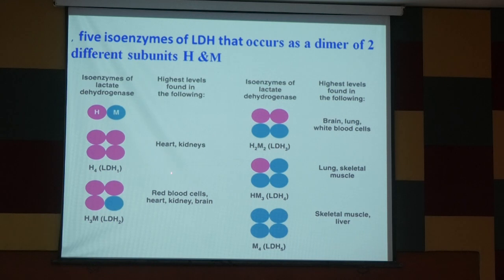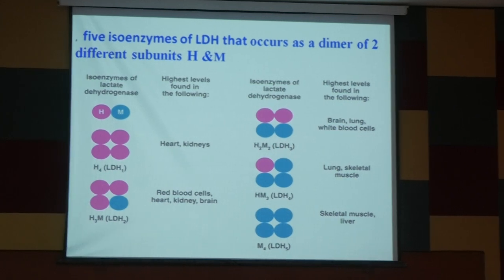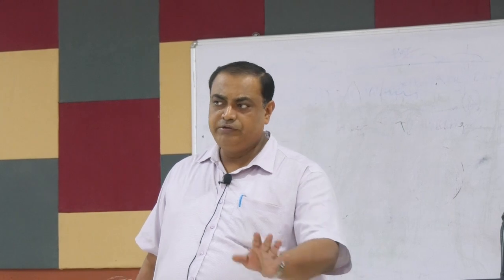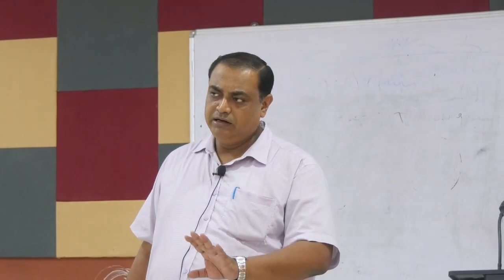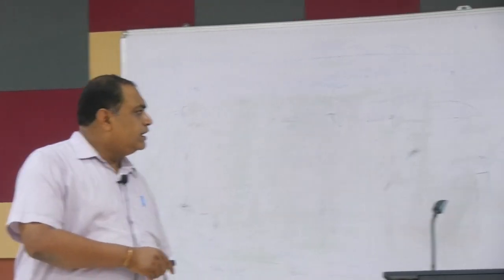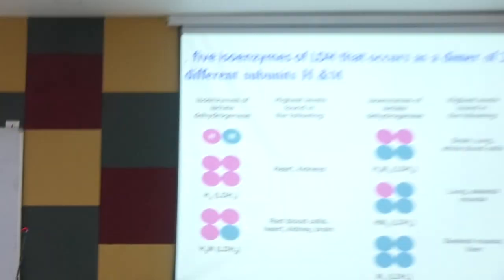You can put liver for H2, 3, 4, 5, all of them, common, except H1. You can write liver as a second important source for H2, 3, 4, 5. Not with H1. Clear?